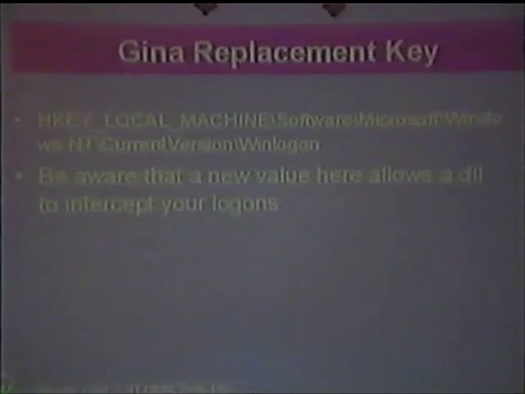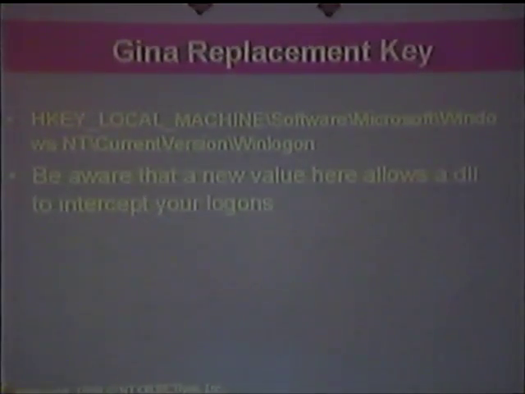A lot of other people don't really know about GINA replacement. This key right here shows the value of the Microsoft GINA DLL, which is responsible for doing your logon. A lot of people are very surprised to learn that you can add another value there and replace it. The legitimate use of that is if someone wants to do something like a thumbprint logon.